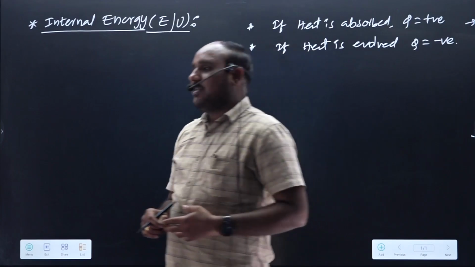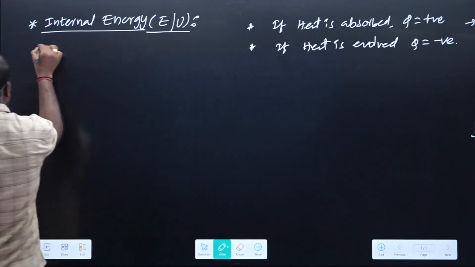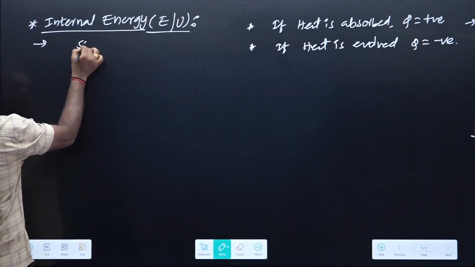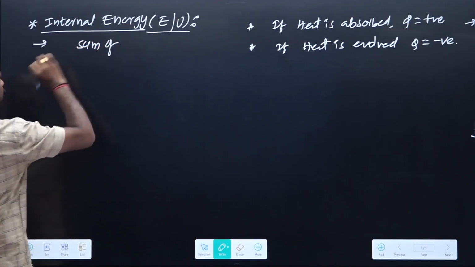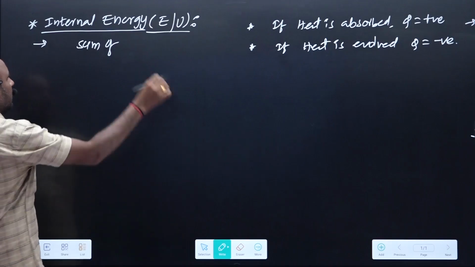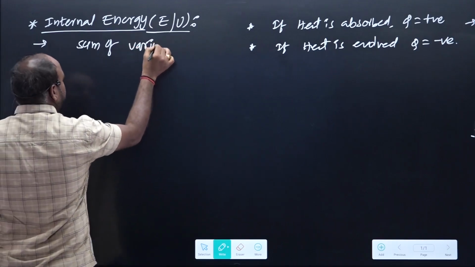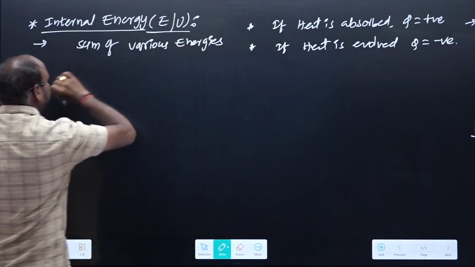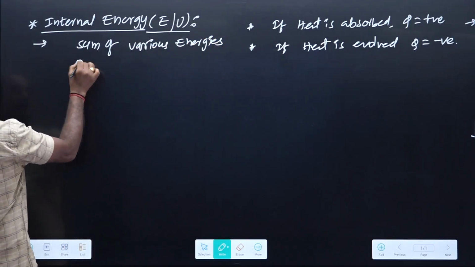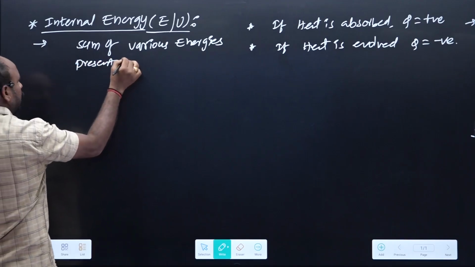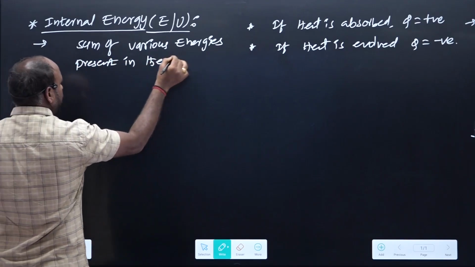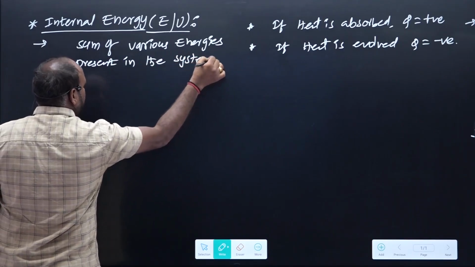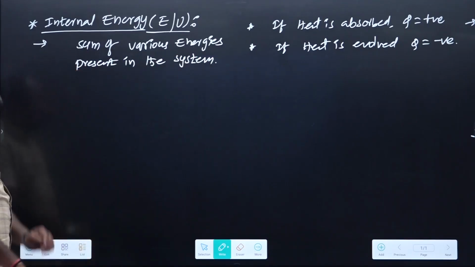Write down: the sum of various energies present in the system is called internal energy, right?